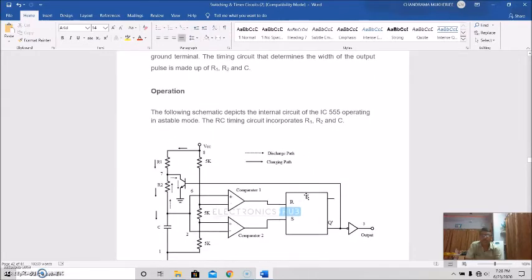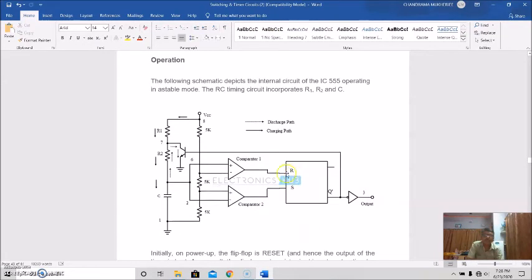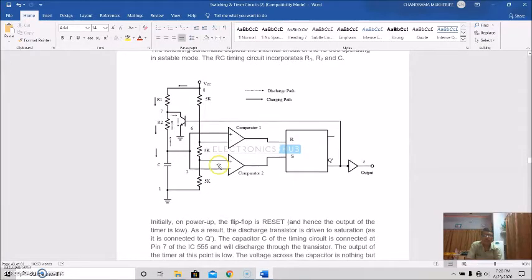Now, how does it operate? This is the schematic circuit diagram that depicts the internal circuit of the 555 IC operating in astable mode. These are the RC timing components, that is R1, R2, and C. Initially, on power on, the flip-flop is reset, and hence the output of the timer is low.